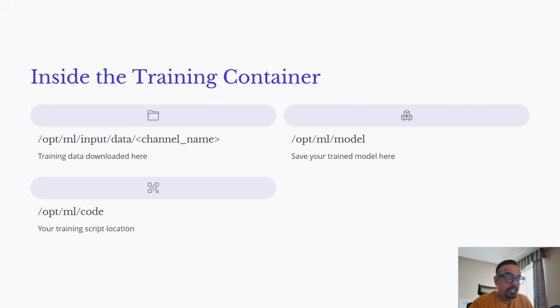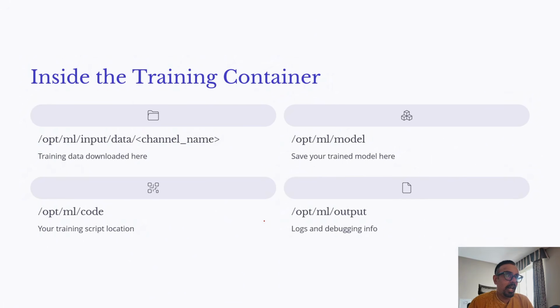Then your training script itself lives in this specific location. This is where SageMaker places your Python script or the contents of your source directory. When the container starts, it executes the script at this location, with any hyperparameters you have specified passed as command line arguments.